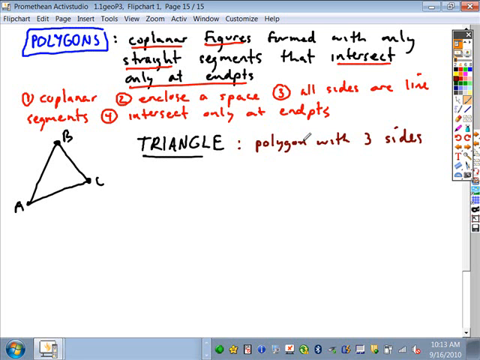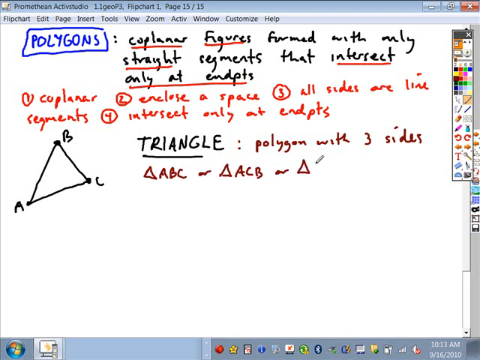When you name any polygon, and that includes the triangle, the way that you name it is you can just put the points in order, some consecutive order. So you can go counterclockwise or clockwise. You can start at any point. So we could name this triangle ABC. We could name it triangle ACB, so we could go either order.